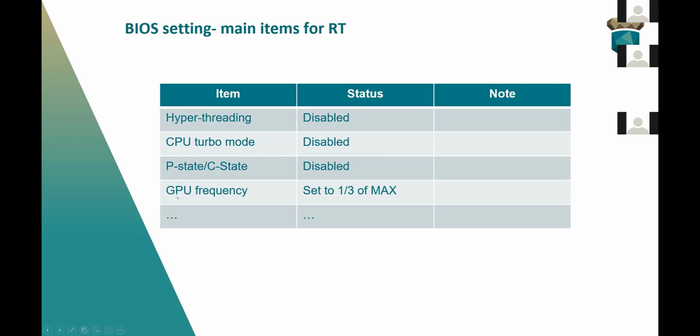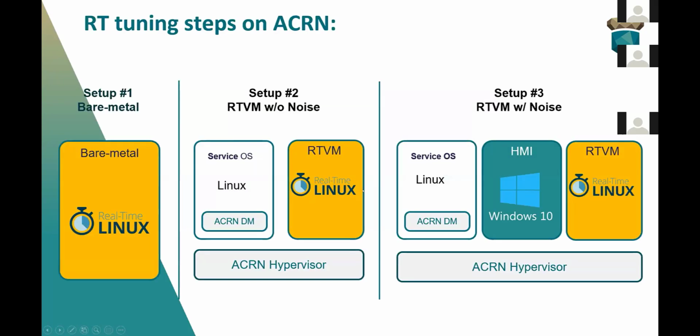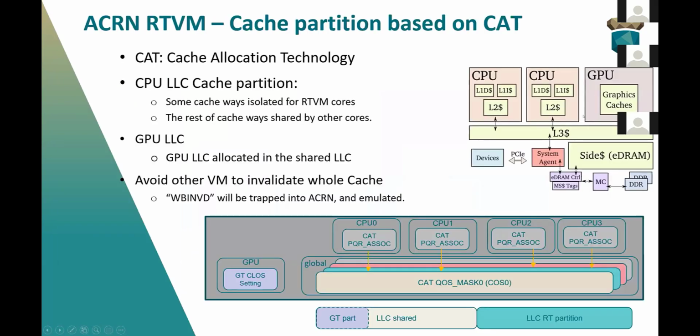And for the first one, GPU frequency, we usually set it to 1/3 of its max frequency. Just as I mentioned on this page, the GPU and the CPU share some resources, especially the LLC resource.